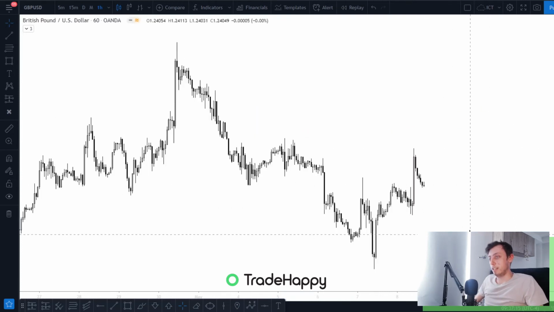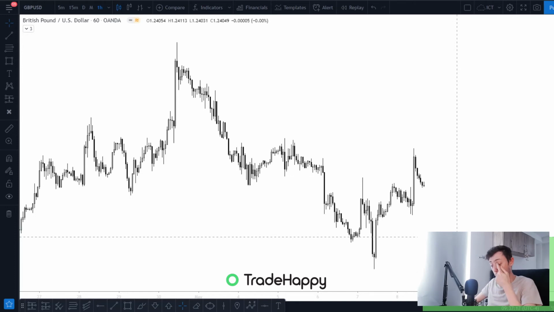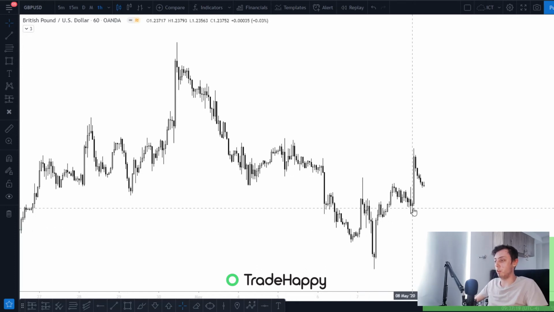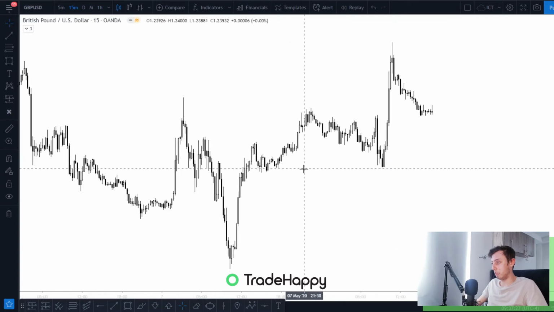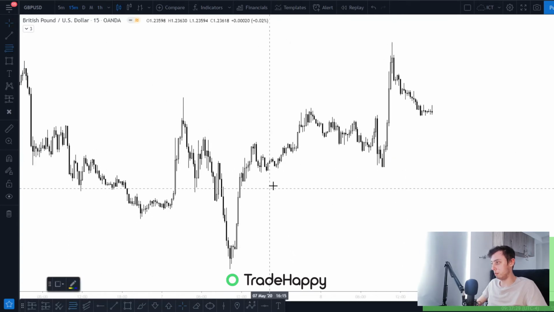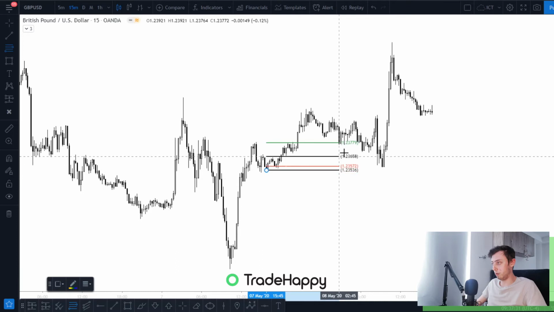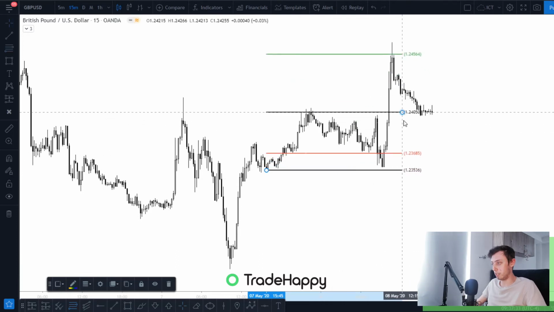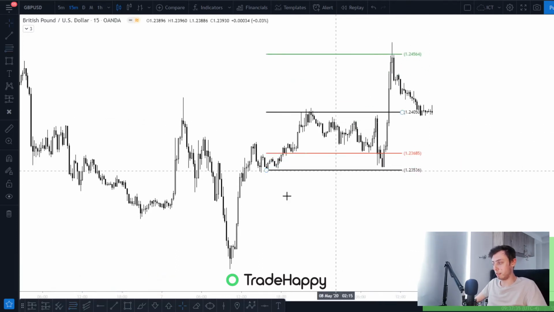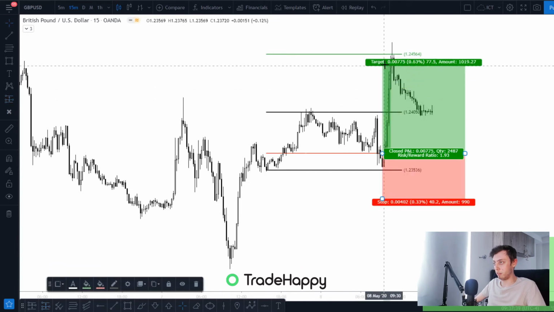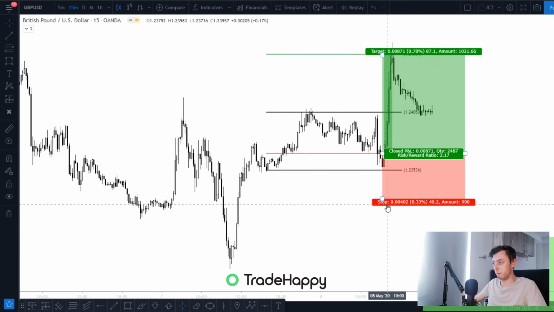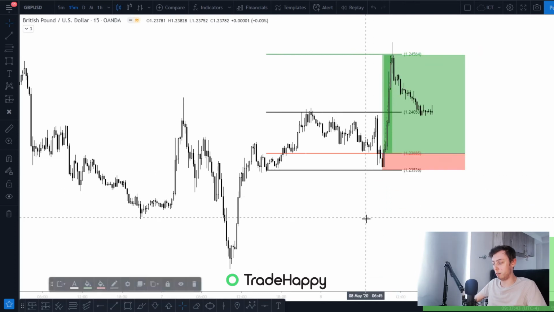So the next one is GBPUSD. We've had a really large move on GBPUSD here. If you caught that, there was actually a setup on 15-minute. If we go this low here up to this high, you would have entered here, take profit at this move, and stop loss at that low.